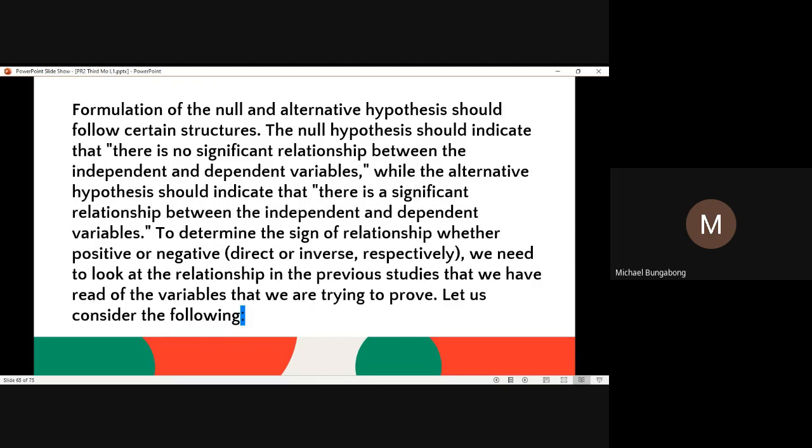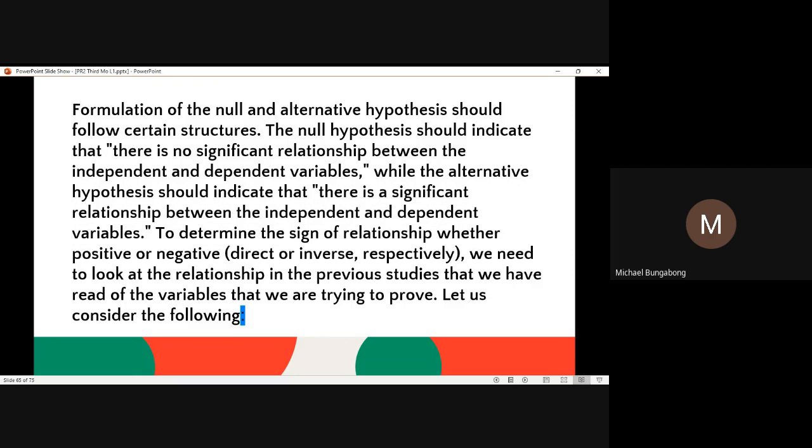Or for the alternative hypothesis, you should say there is a significant relationship between the independent and dependent variables. And the dependent and independent variables, you can unlock that. It depends on what dependent and independent variables are within your study. All right. So to determine the sign of the relationship, whether positive or negative, we need to look at the relationship in the previous studies that we have read.